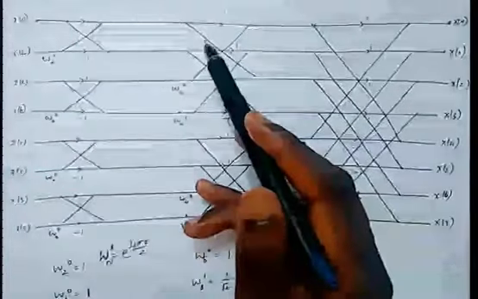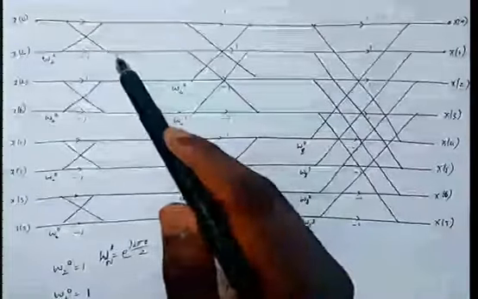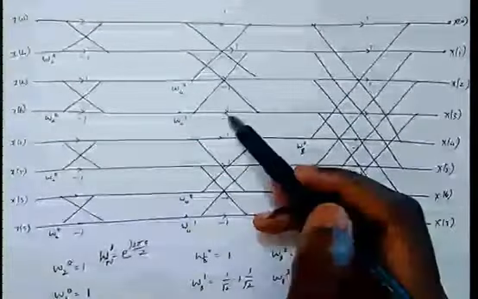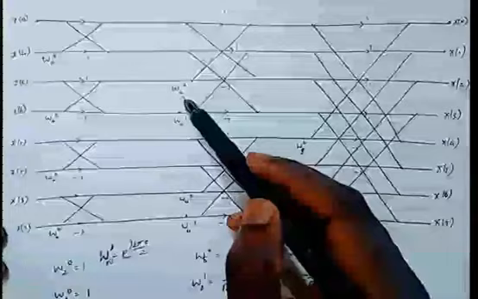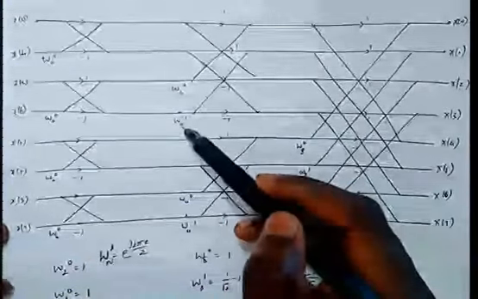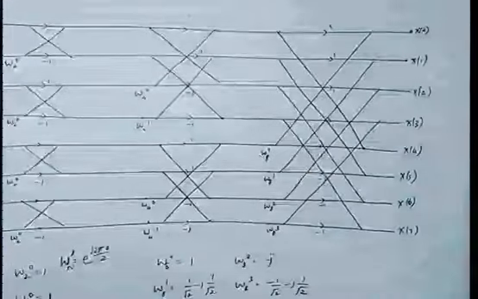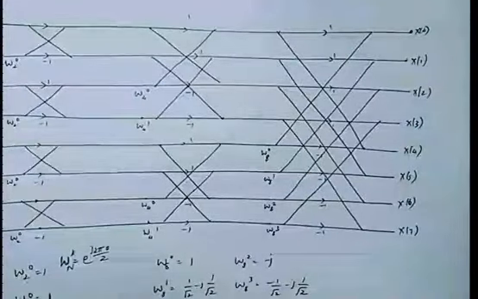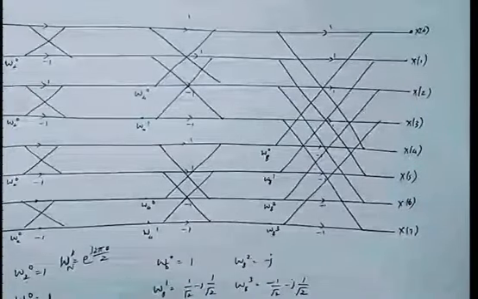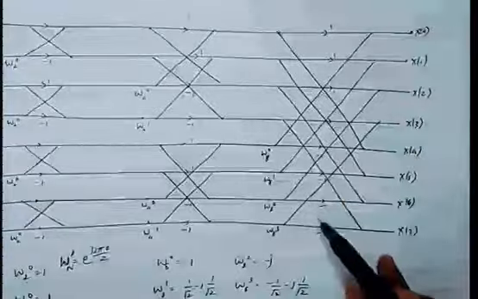In the second stage, we combine 2 2-point DFTs to get a 4-point DFT. Again, the weights are going to be W_4^0 and W_4^1, which is 1 and minus j. Then in the third stage, we combine 4-point DFTs to get an 8-point DFT.